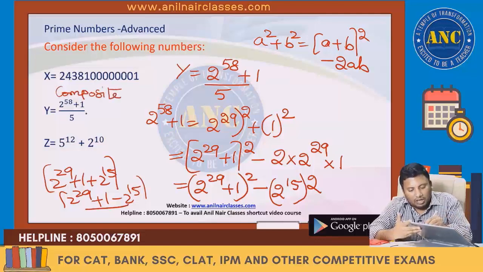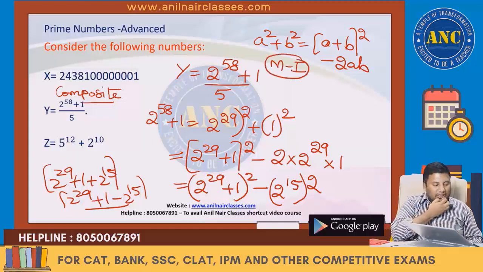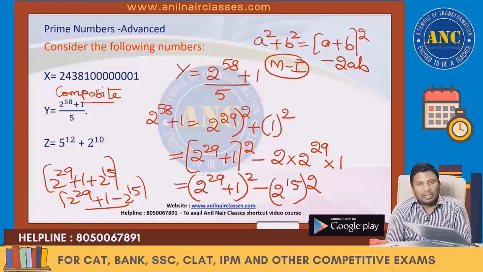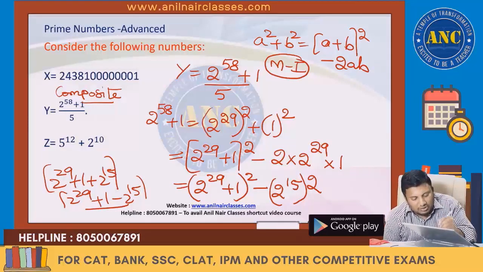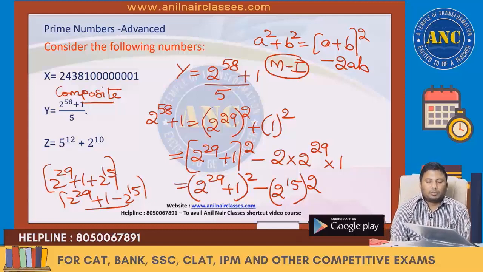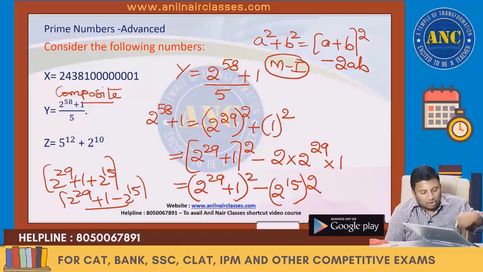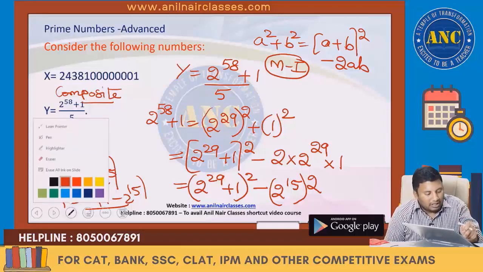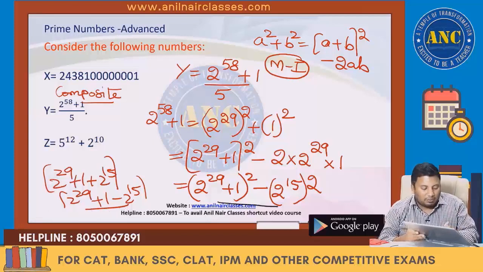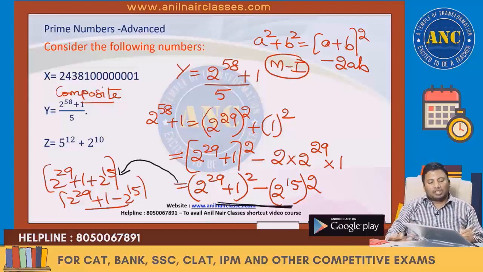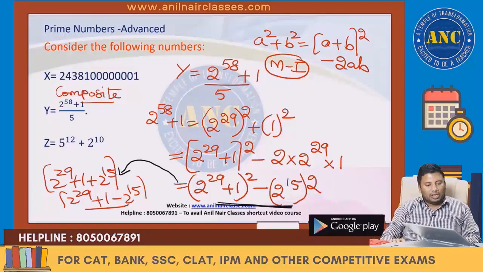This is method 1. Don't do this method 1 in the examination. We will check method number 2. 2^58 + 1 is (2^29)^2 + 1^2. A square plus b square is (a + b)^2 - 2ab, so this becomes (2^29 + 1)^2 - 2^30. Then a^2 - b^2 is (a + b)(a - b).